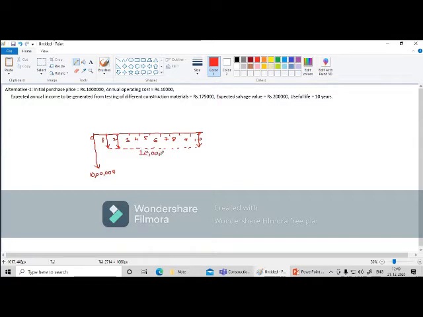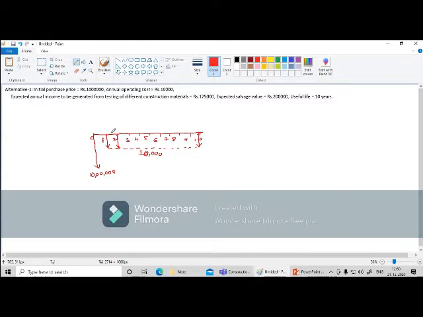If I draw a first arrow, a second arrow and the end arrow, and show a dotted line, it means they are connected. If I write 10,000 on that dotted line, it means 10,000 is the operating cost at the end of the first year, the second year, third year, fourth year, likewise up to the 10th year. Every year 10,000 is the annual operating cost.